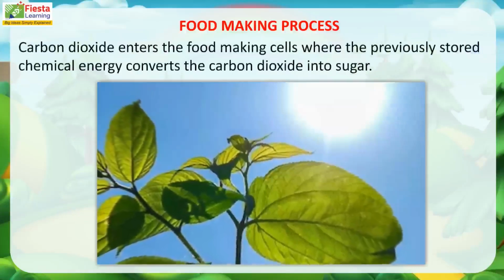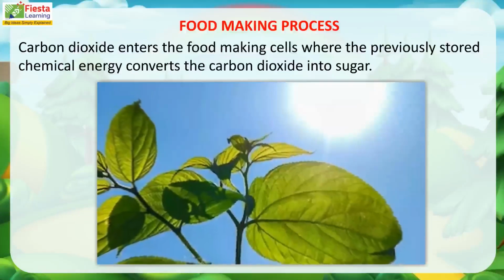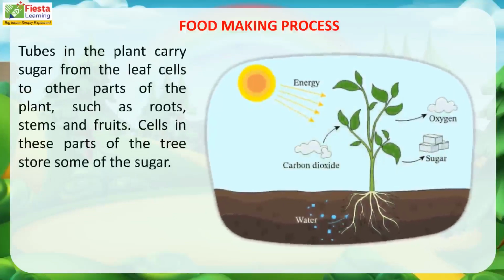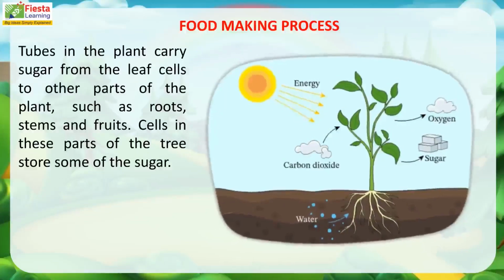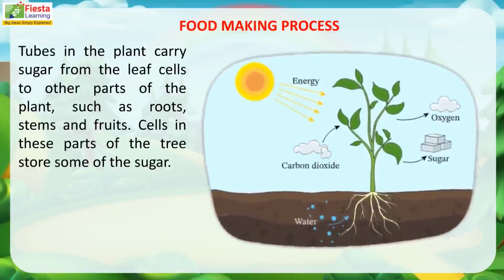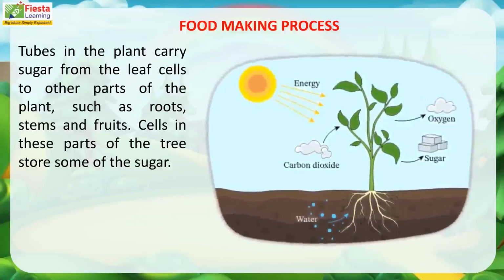Carbon dioxide enters the food-making cells where the previously stored chemical energy converts the carbon dioxide into sugar. Tubes in the plant carry sugar from the leaf cells to other parts of the plant, such as roots, stems, and fruits. Cells in these parts of the tree store some of the sugar.